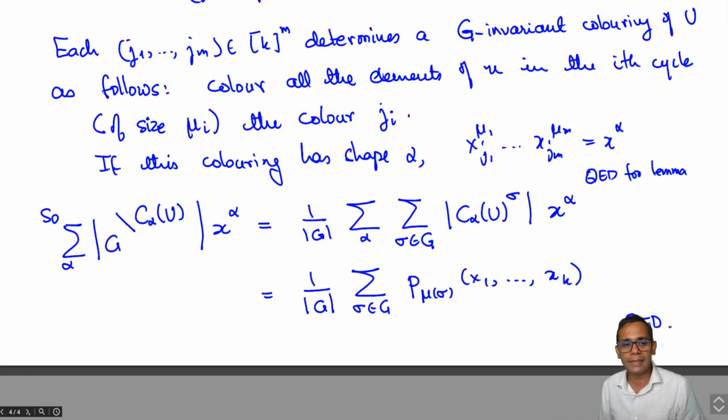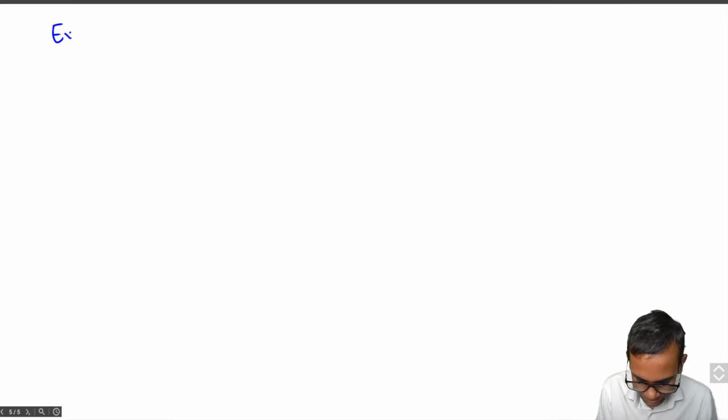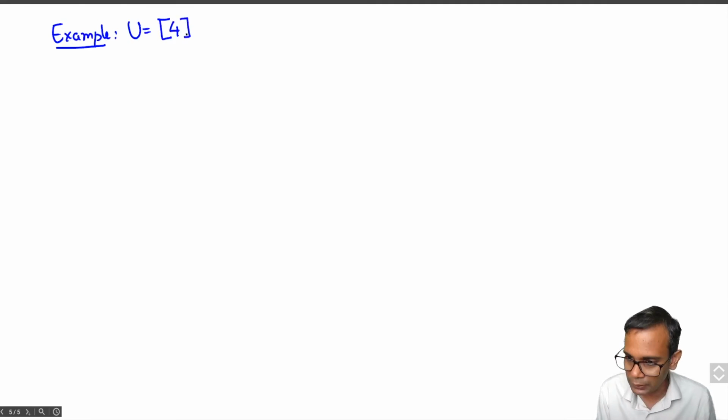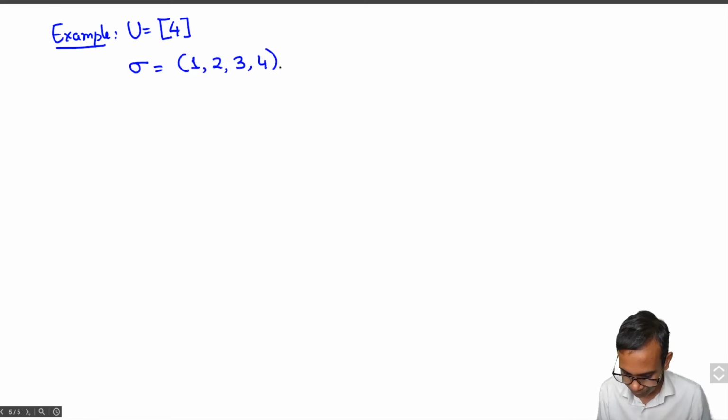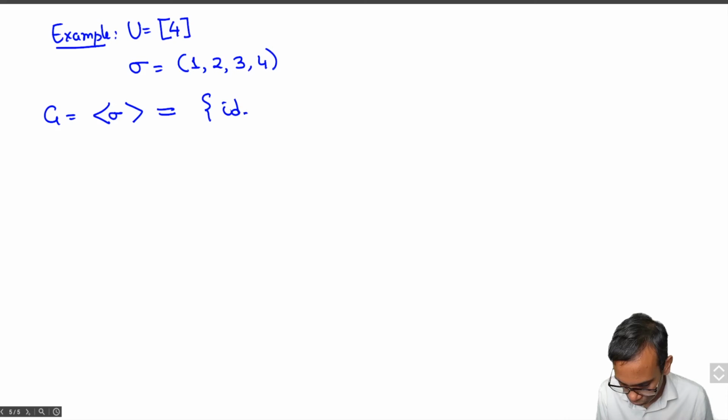Let me show you how easy it is to actually compute these things. Let's take an example where we take n equals 4. So U is just the set of elements 1, 2, 3, 4. Sigma is the 4 cycle. So an example of the necklace problem. Let's look at the group G to be the cyclic group generated by sigma. So this has 4 elements, the identity of 4.